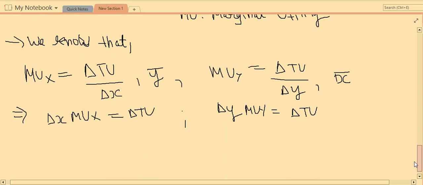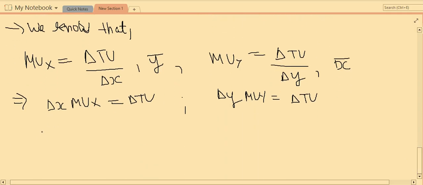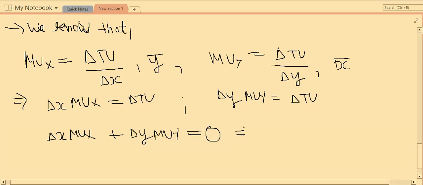Okay. Now what we do with these equations is that we add them, and we get delta x MUX plus delta y MUY. Now change in total utility, both sides, is 0. So we get this equals 0.